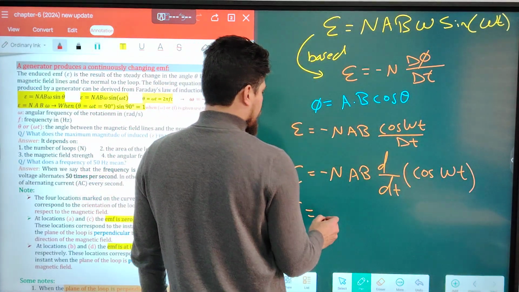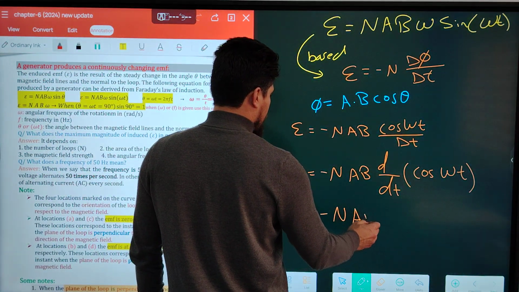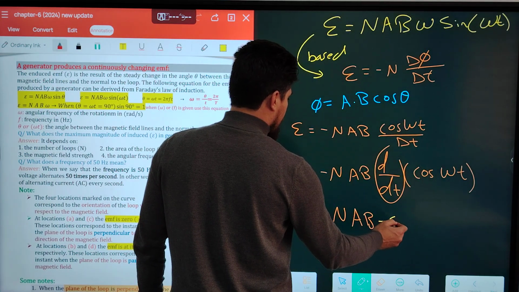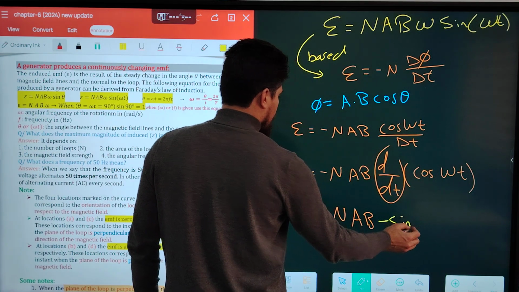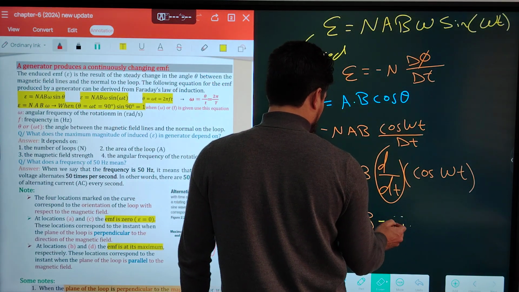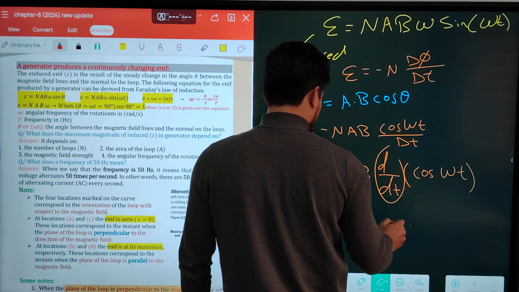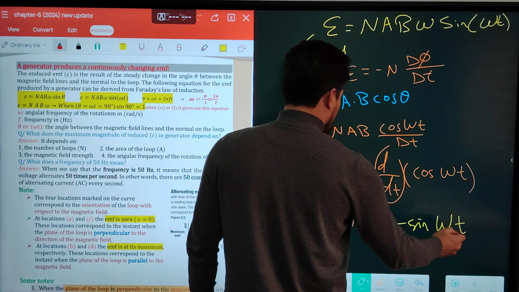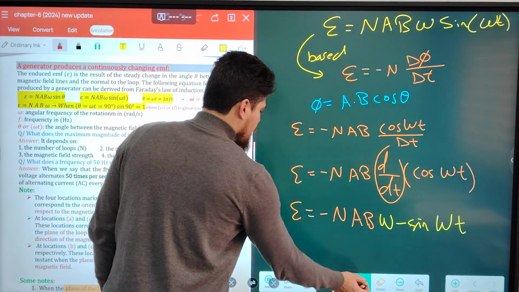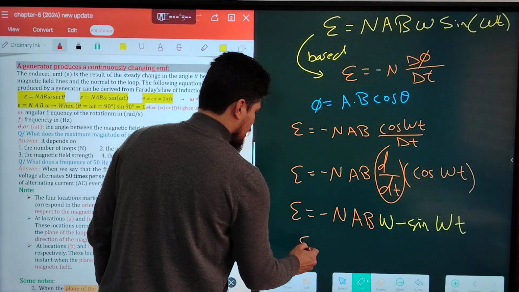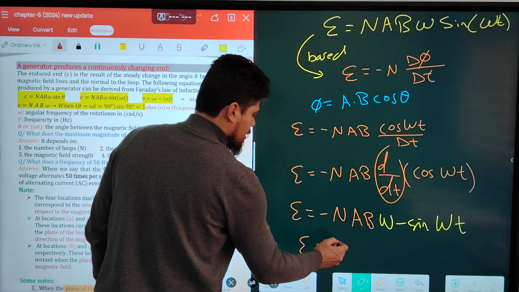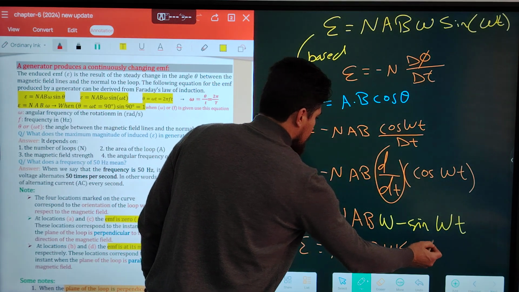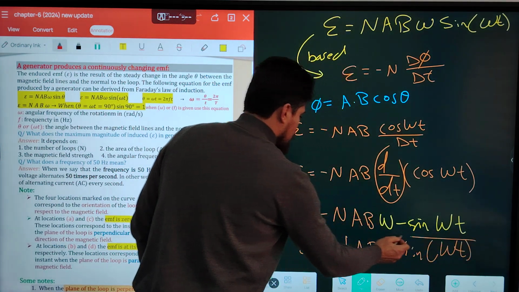The derivative d over dt of cosine omega t is going to be negative sine, times omega, so negative sine omega t. EMF is equal to negative times negative, positive: N A B omega sine omega t.